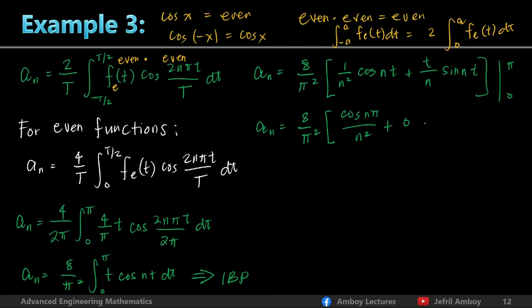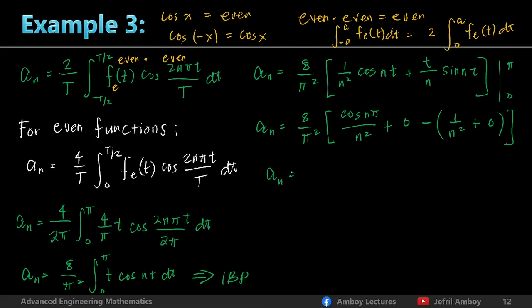And then for the lower limit, minus. For the lower limit, we will replace t with 0. Okay? Here, cosine 0 is 1. So, may matitirang 1 over n squared plus I will replace t with 0. So, t times sine, okay, magsisiro na yung term na yun. Okay? So, now, simplify natin.